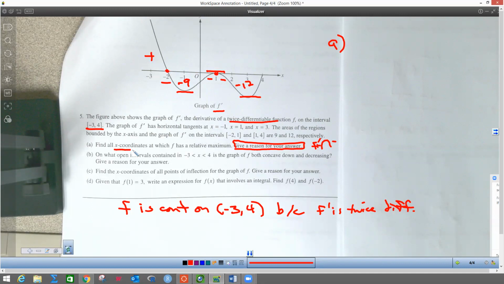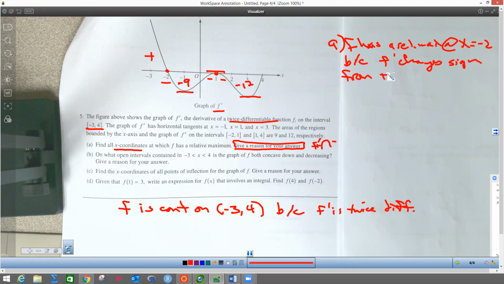And if you look, it says x coordinate. So not the point, just the x coordinate. So we would say f has a relative max at x equals -2 because f prime changes sign from positive to negative at x equals -2.